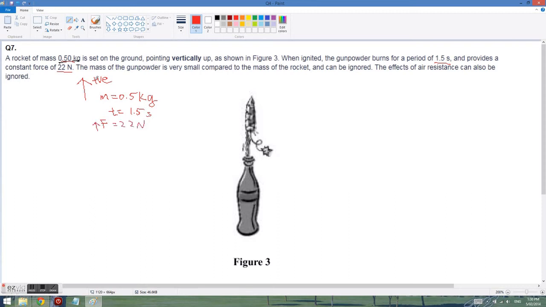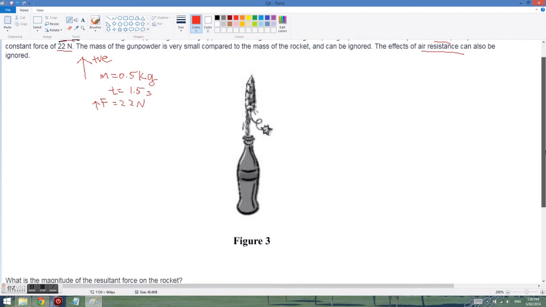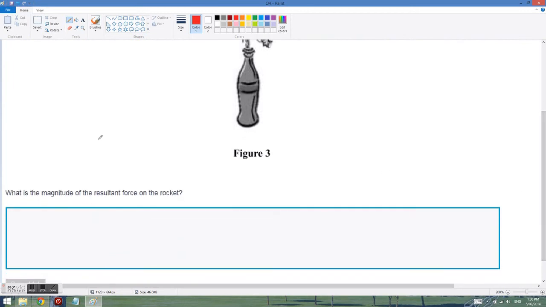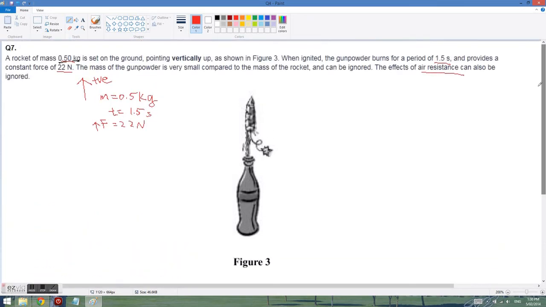The mass of gunpowder is very small. Yep, this is a rocket. And there's no air resistance in this question. Now let's have a look at what they're asking. The magnitude of resultant force on the rocket.